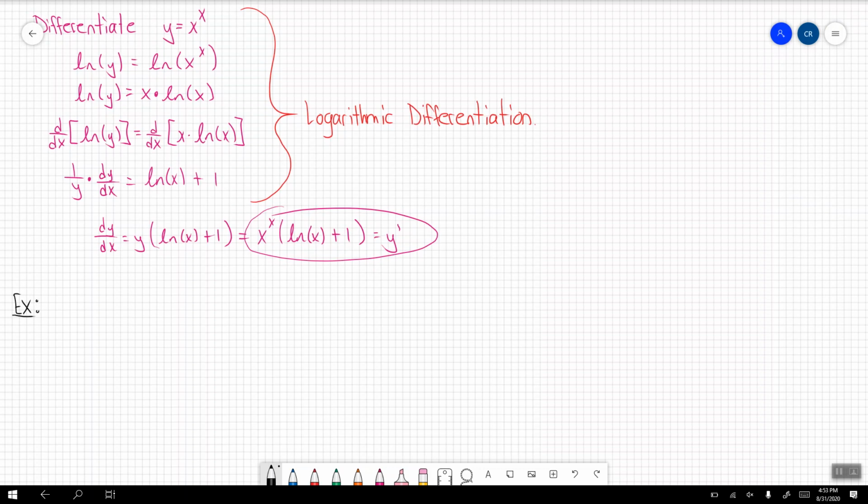So on this example, we're going to use logarithmic differentiation to find the derivative.